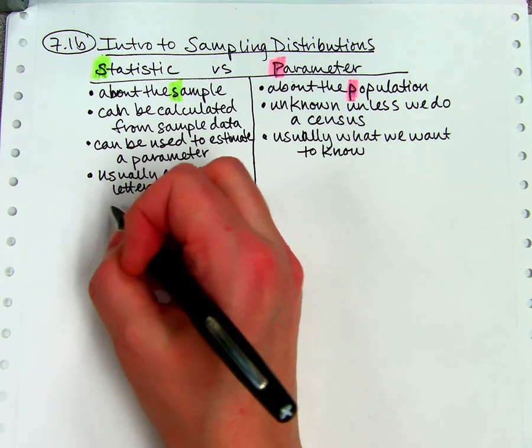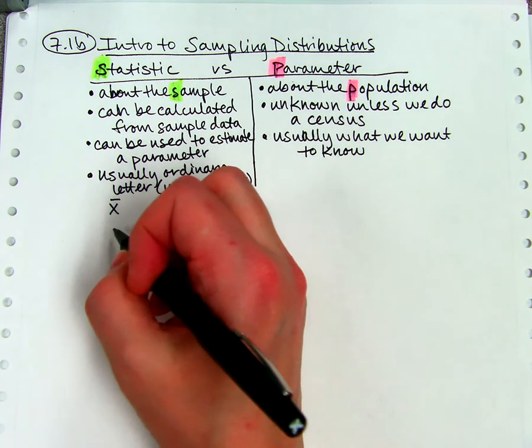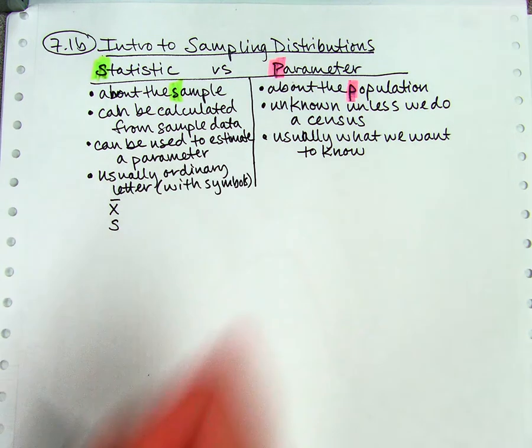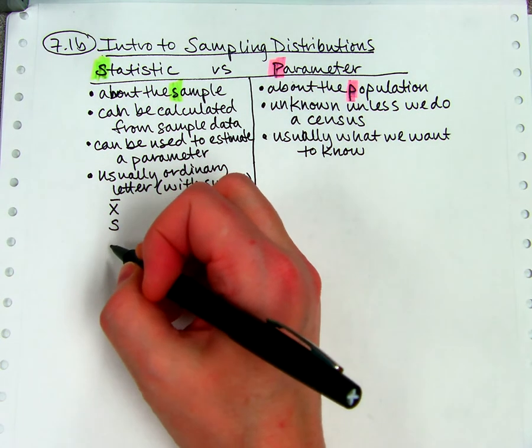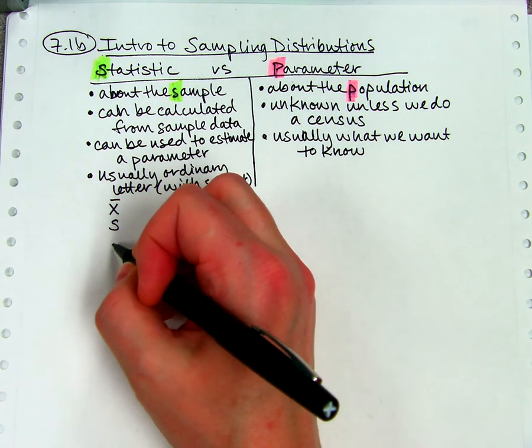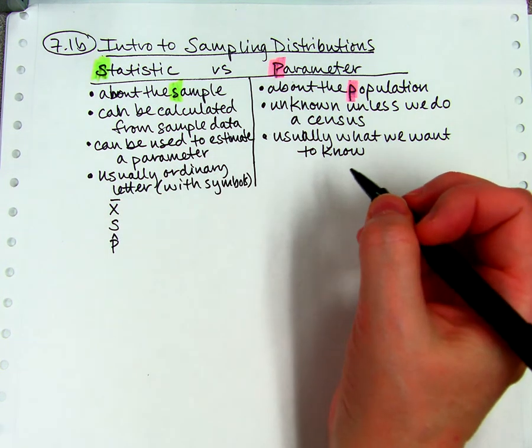And so, for instance, you've seen x bar before, which represents the mean of a sample. You've seen s before, which is the standard deviation of a sample. And you've seen, we haven't done a lot of them, but we will do a lot more, especially in chapter 8, p hat, which is the proportion that goes with a sample.